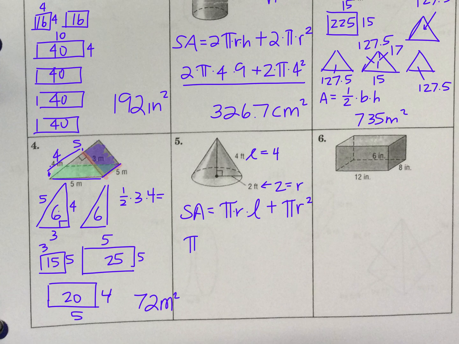So pi times 2 times 4 plus pi times 2 squared. Type that all into your calculator, and you'll get 37.7 feet.